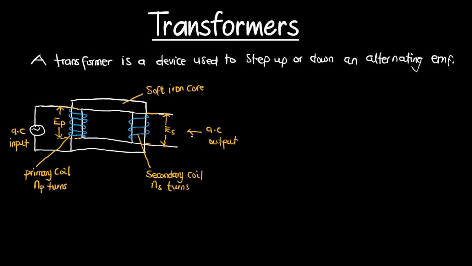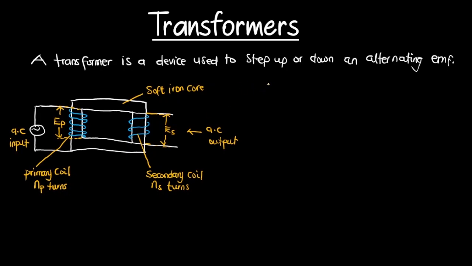Then where the output is, that is the EMF of the secondary coil, so we represent that by ES. Obviously, the coil on the secondary side is what we call the secondary coil. The number of turns it has is represented by NS, and then the primary coil, where the AC input is, has number of turns NP.